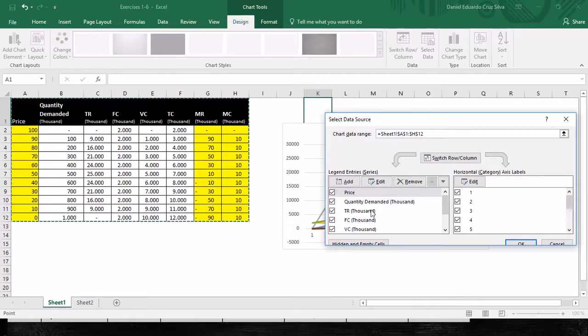But now you don't need everything, right? So we need to cancel this one. We don't need this one, this one, this one. Okay, this one, no, and no. Then you say remove.